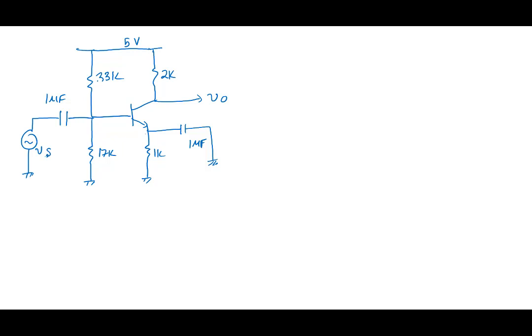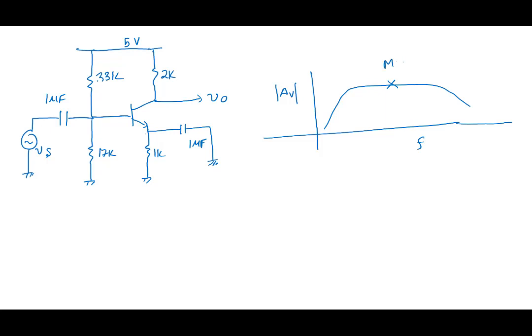The first thing is, in an amplifier like this, we have seen earlier, it would have a characteristic like this. If we plot the magnitude of the gain versus frequency, it would look like this. This is our midband, the midband frequency range.